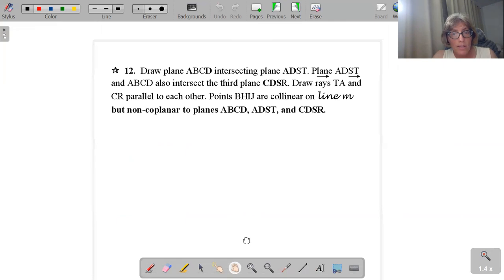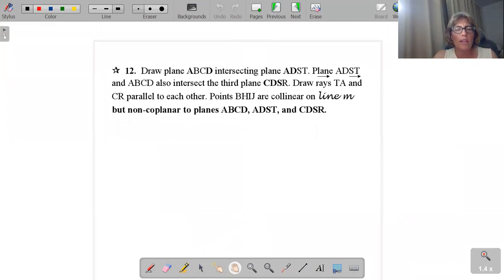In the drawings, watch very carefully. You have plane ABCD intersecting a second plane ADST, and you have plane ADST intersecting a third plane CDSR. Now, what is the trick to this whole problem?